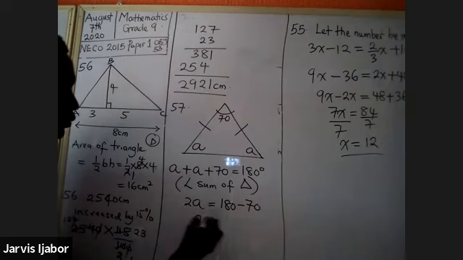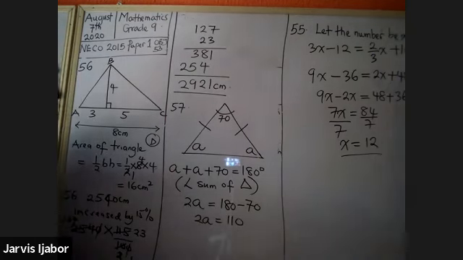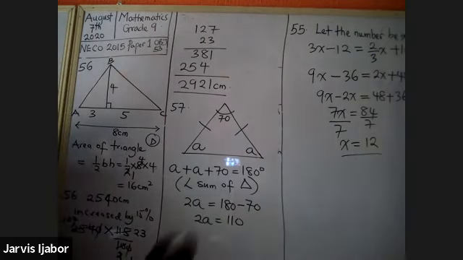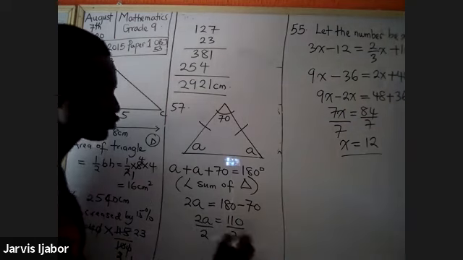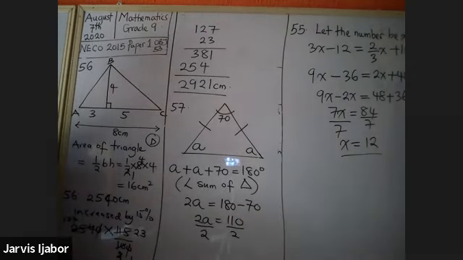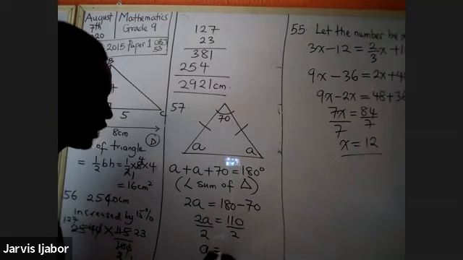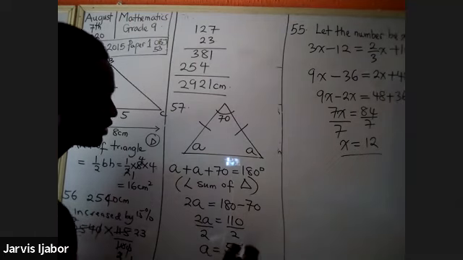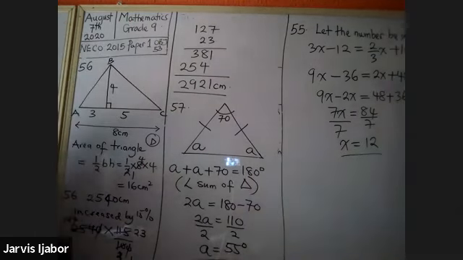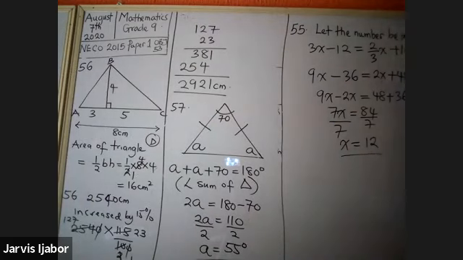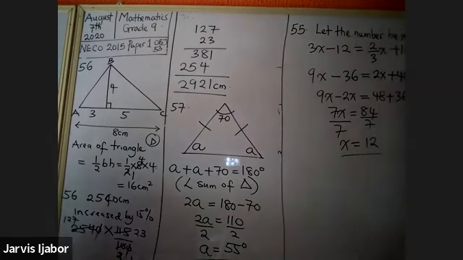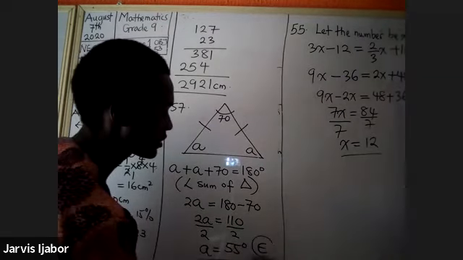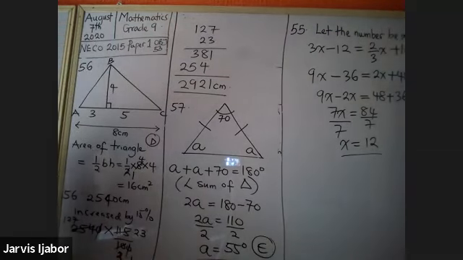So 2A will now be equal to 110. What do you do next? You divide both sides by 2 to get a value for A. So A will now be equal to what? 55 degrees if you have done the right thing. And if you check your book, the option there will be what? E. So E is the option that satisfies this question, right?